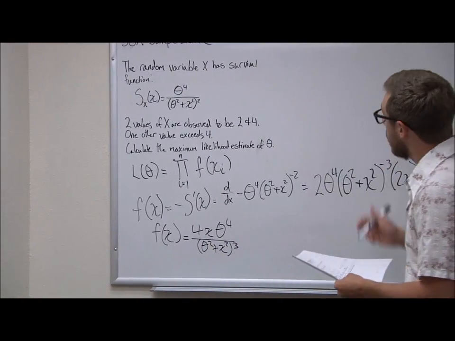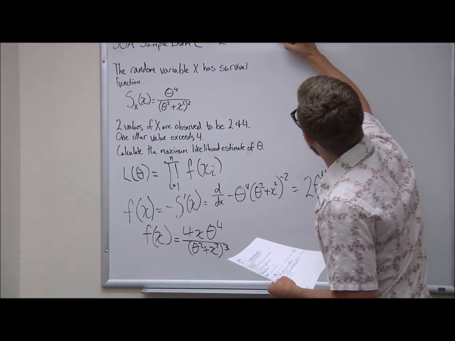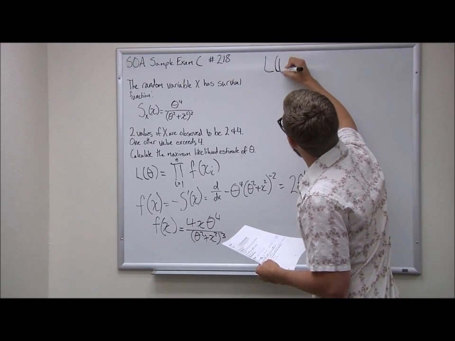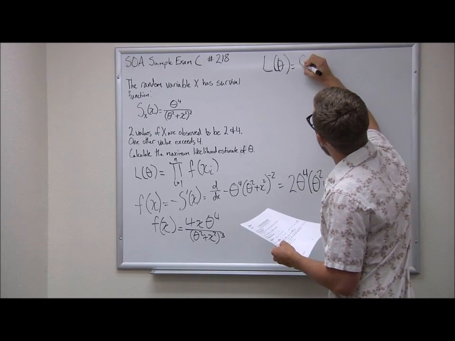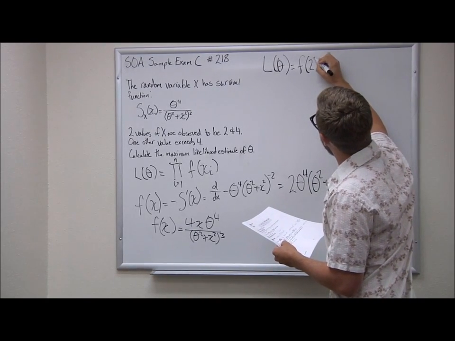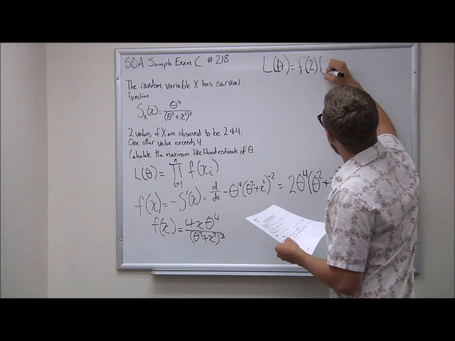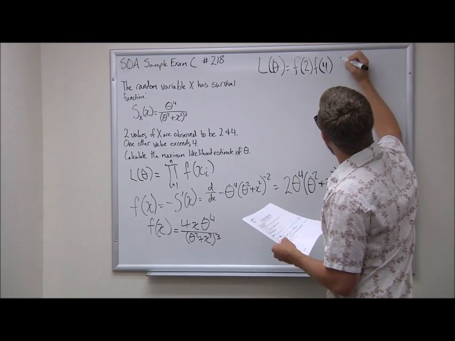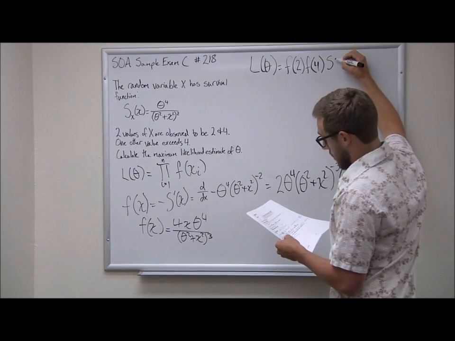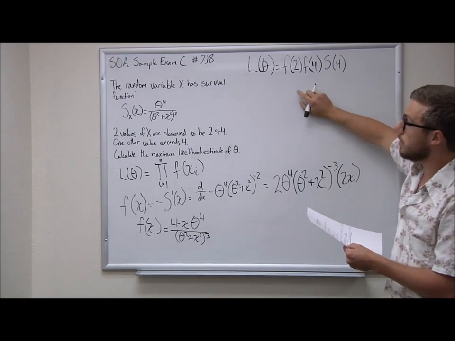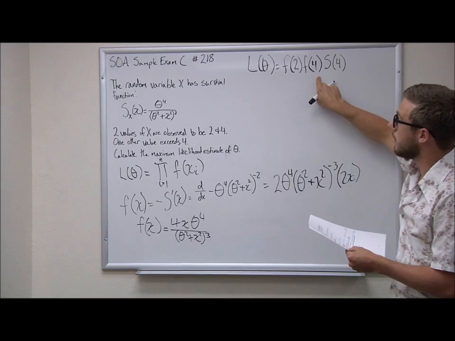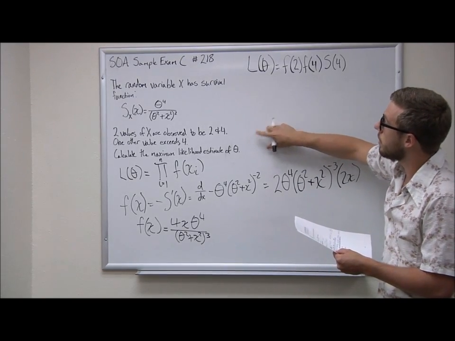So now we can start writing out the likelihood function. It's going to equal f of 2 times f of 4 times S of 4. And this is because we know two observed values of 2 and 4, and then we were given that one other value exceeds 4.